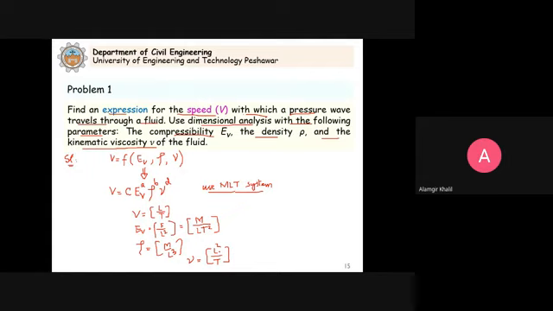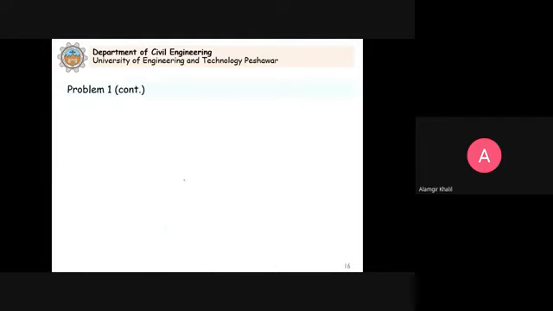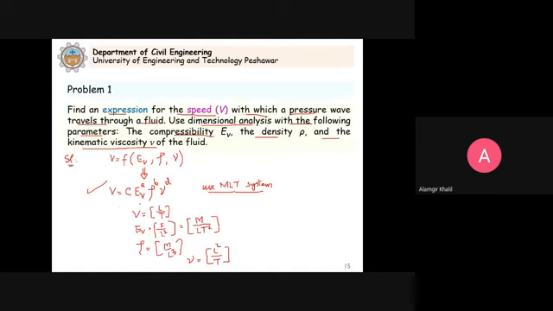Now we put these dimensions in the power equation. So we get L by T for the velocity. In this equation for C, we do not write down dimensions because we already studied that C is a dimensionless constant, so it has no dimensions.